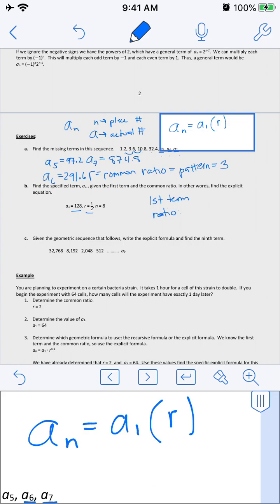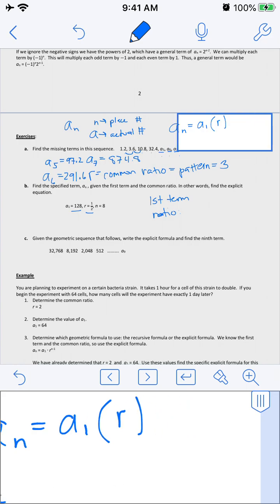We'd multiply and multiply and multiply and multiply it. In fact, we would multiply it so many times that we would multiply it to an exponent amount of times. Repeated addition becomes multiplication. Repeated multiplication becomes exponents, right? So the third term would be a1 times r times r times r. The fifth term would be a1 times r times r times r times r times r.